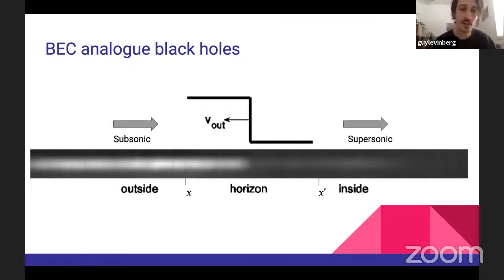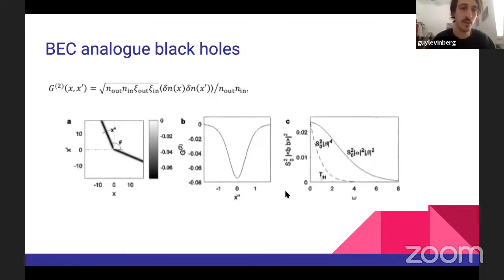So what they did in the experiment is they were looking for a vacuum fluctuation. They put the condensate in a vacuum, and they measured some correlation of phonons between any point x and x prime. So this is the correlation function.